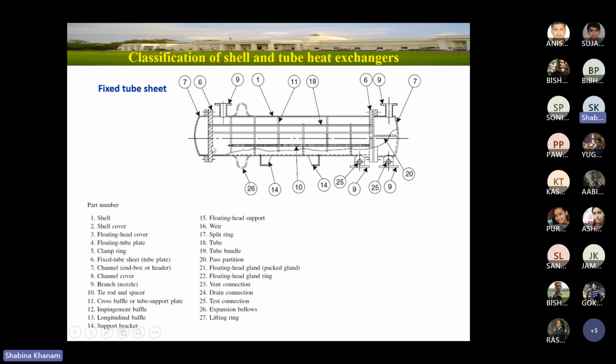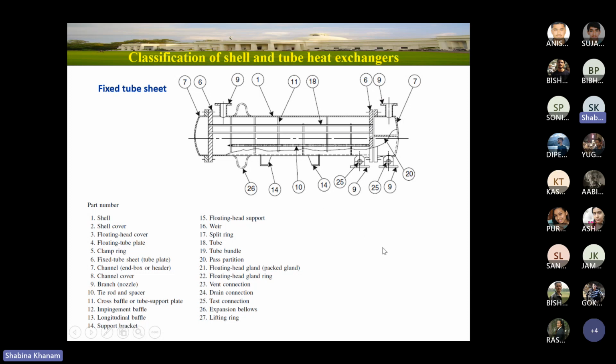Once it enters, it travels the whole length of the tube and then comes to this region, and from here it exits. So the point is, here I am having one partition plate which gives me two tube passes. It means fluid will enter the tube twice: first time it will enter here, second time it enters here.